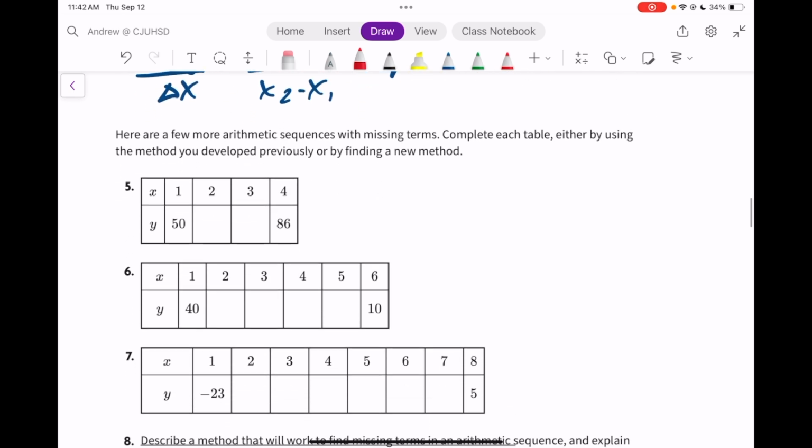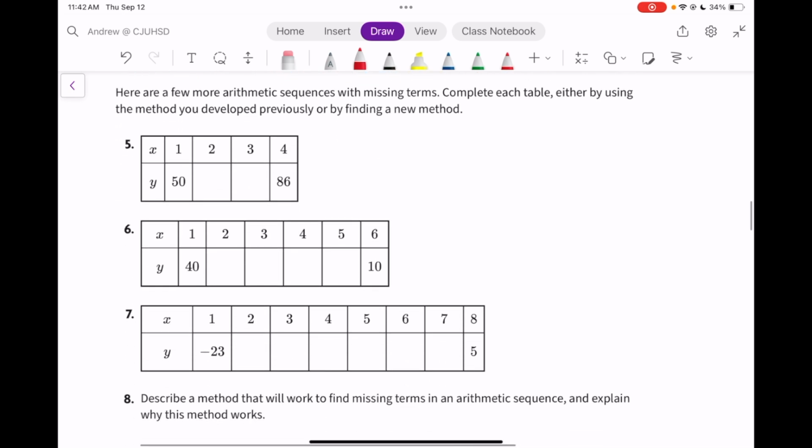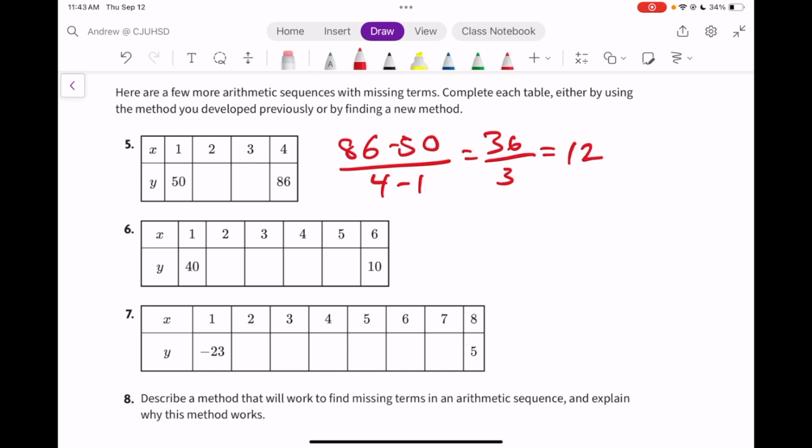So here's a few more. 86 minus 50 divided by 4 minus 1. So that's 36 over 3. That's 12. Go up by 12, you're going to get to 62, 74, and then it lands right on 86. 40 down to 10.